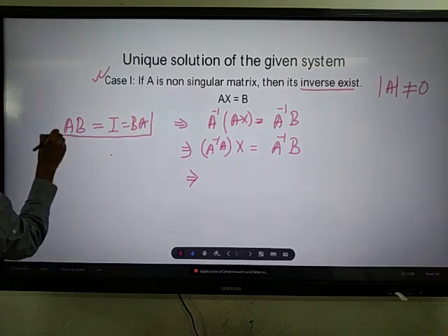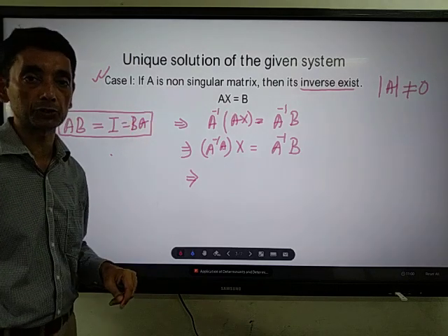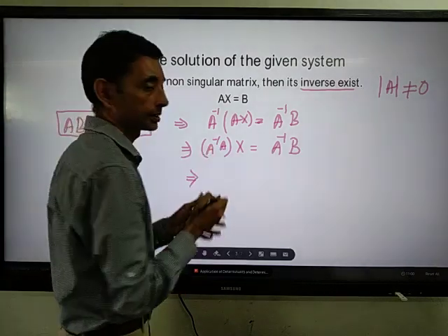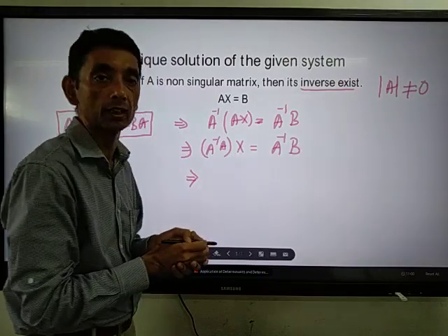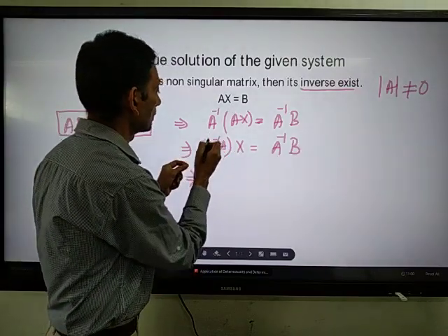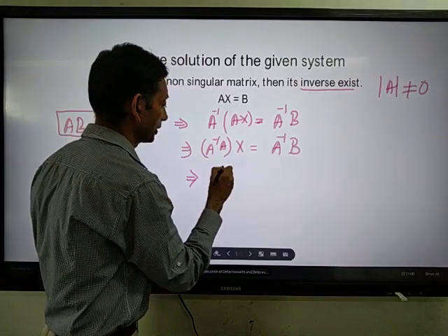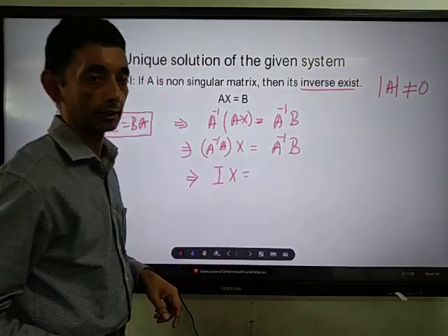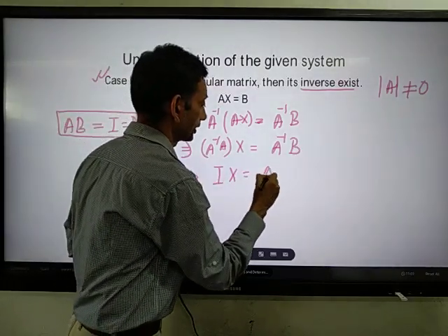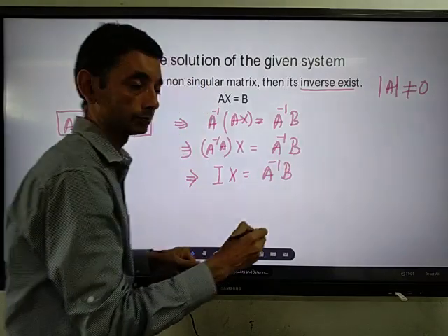We know this from the definition of invertible matrices. Since A inverse is the inverse of A, therefore A inverse A equals the identity matrix, so I times X equals A inverse B.